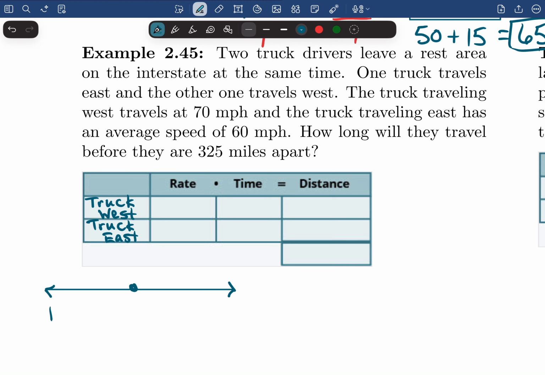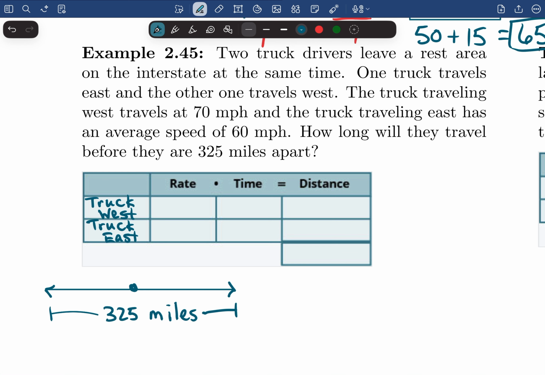And they end up 325 miles apart from each other. So after they've done their traveling, they are a total distance of 325 miles apart.